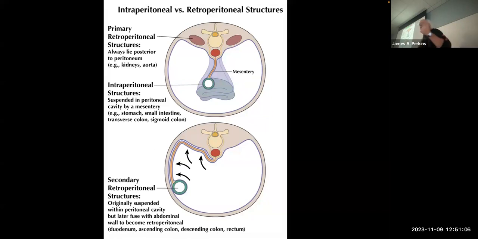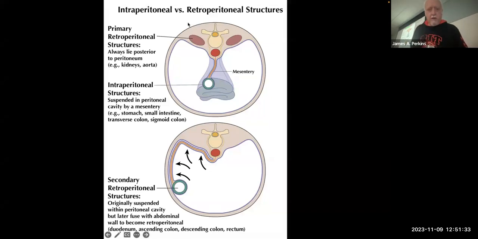They've been retroperitoneal since the beginning and have always and will always be retroperitoneal. So things like the kidneys. The kidneys are never hanging in the abdominal cavity. The kidneys always lie completely posterior to the two peritoneal cavities. So we refer to them as primary retroperitoneal structures. They've always been behind the peritoneum.